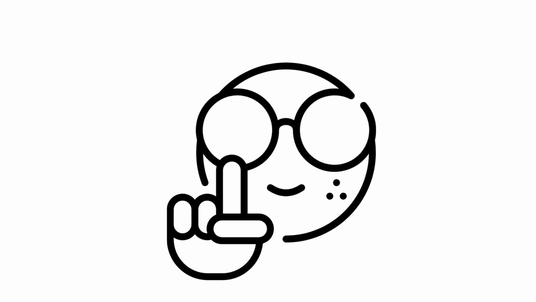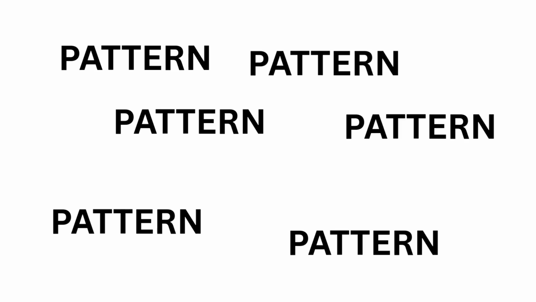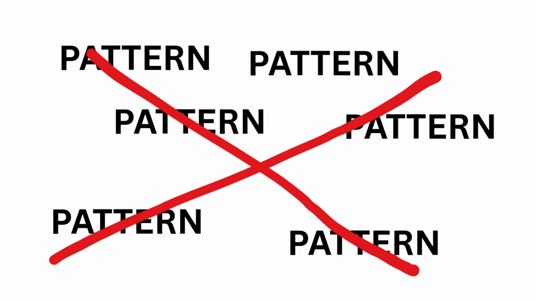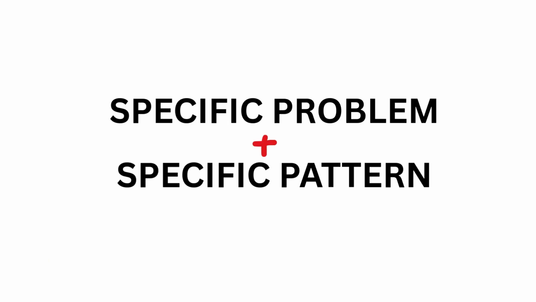So, patterns should be applied only when they solve real problems, like our delivery system. For example, you can't just spam design patterns to improve your software. It doesn't work like that. If you have a specific problem, look for a specific pattern to solve that issue. It's just like that. So yeah.